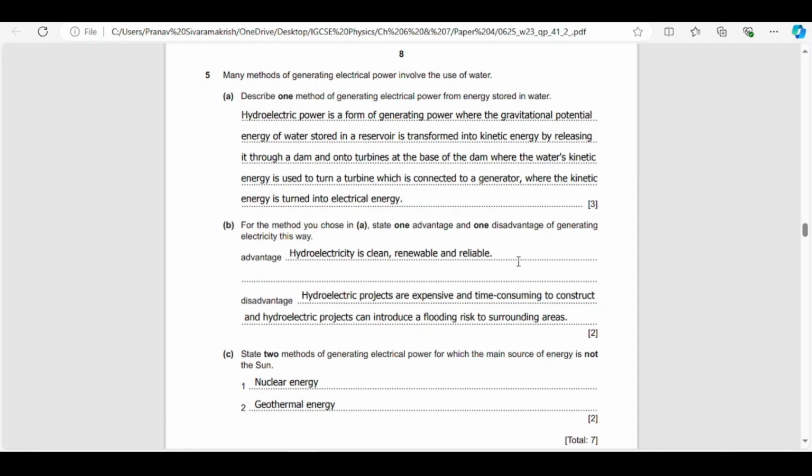The disadvantage is that it's quite expensive, especially the cost of construction, and there are always flooding risks for communities surrounding a hydroelectric project. These are 2 of the biggest risks that we need to be wary of.